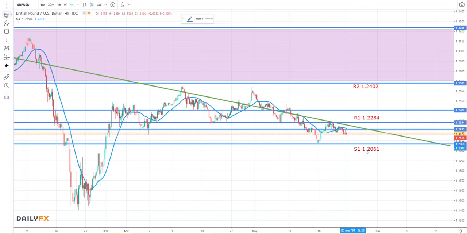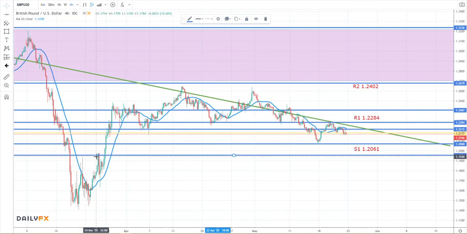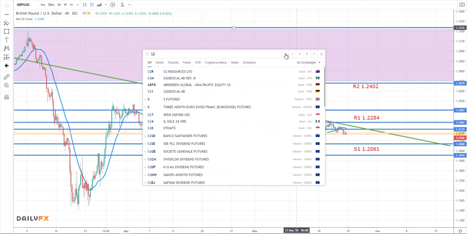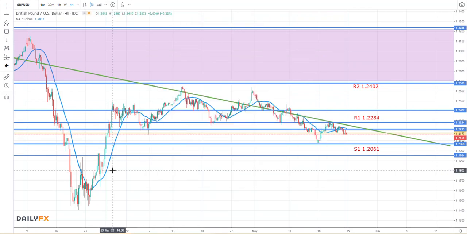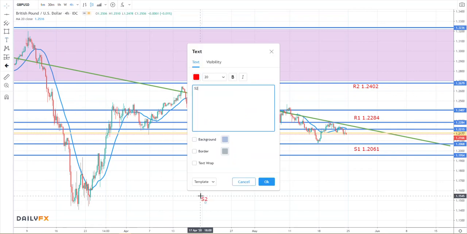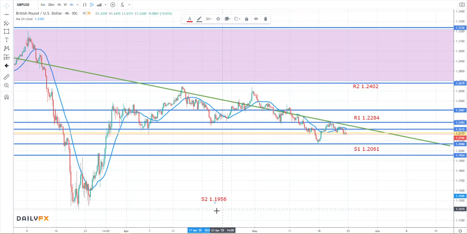S2, 119.56. Right there, that matches up with these highs all the way back in March. There we go.